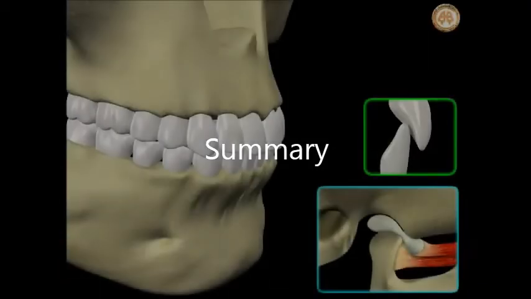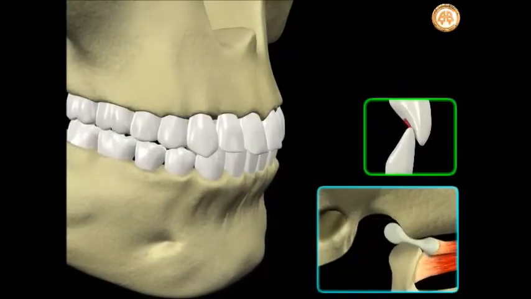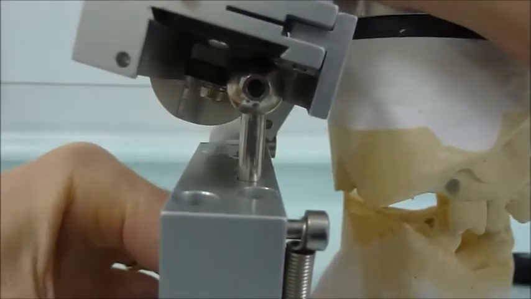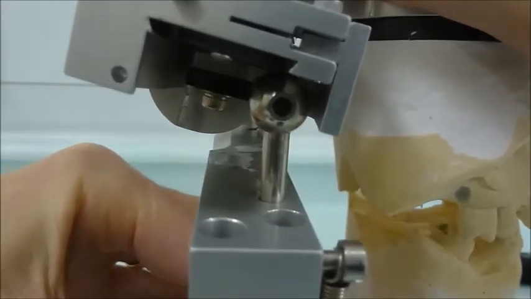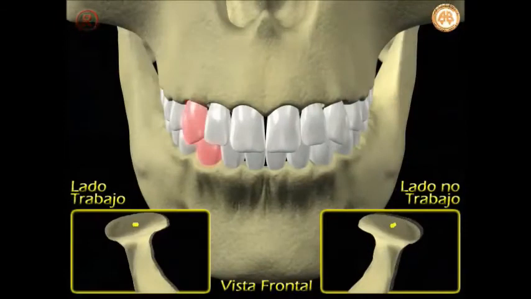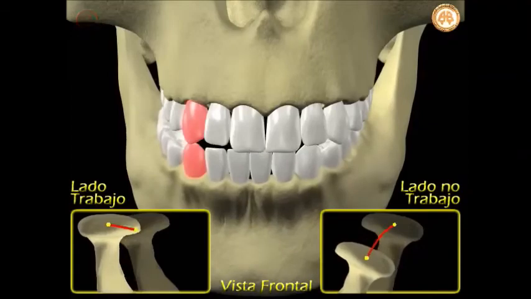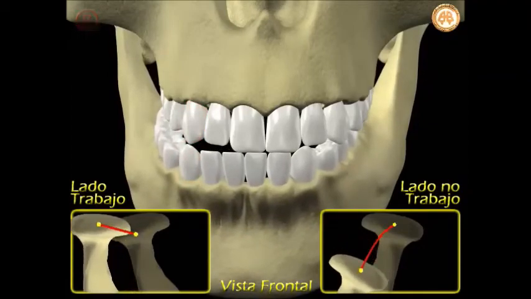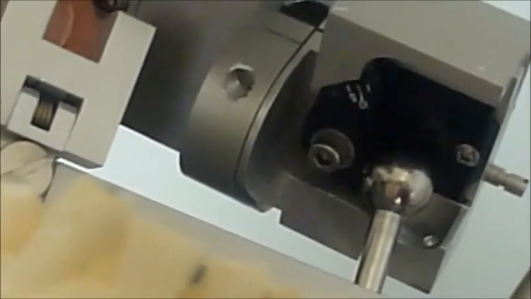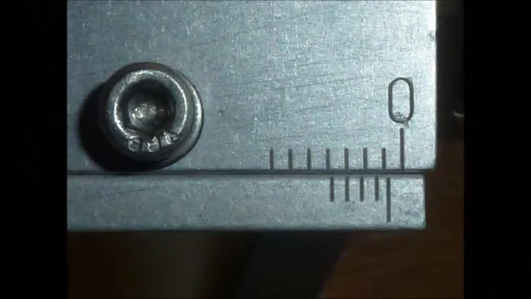In summary, the forward and downward movement of the condyle is reproduced on the D9 as condylar guidance angle, which is read on the scale on the rear of the articulator. The early medial movement of the orbiting condyle, in this case the left condyle, is reproduced as immediate side shift, which is read on the top of the D9.